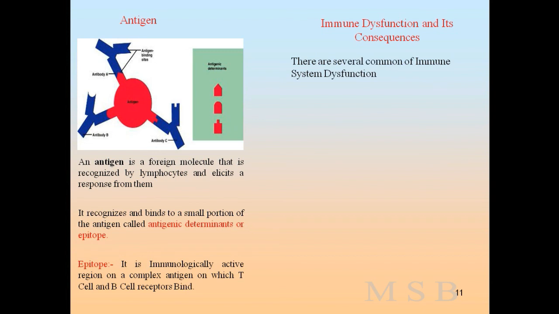There are several common immune system dysfunctions. First is allergy and asthma. Allergy and asthma are results of an inappropriate immune response that causes irritation and inflammation. Symptoms may include sneezing, wheezing and difficulty in breathing, which causes asthma.